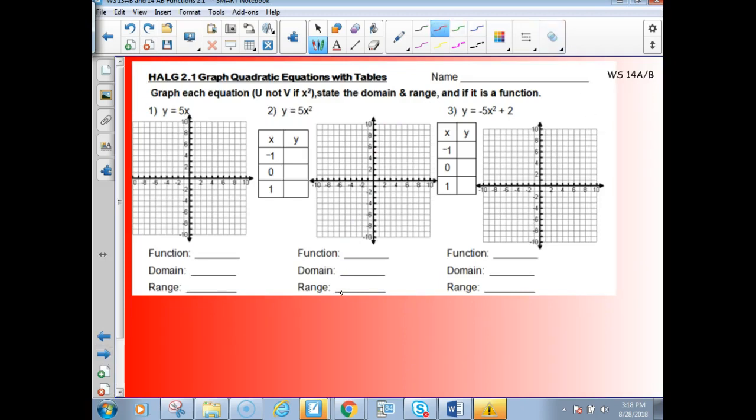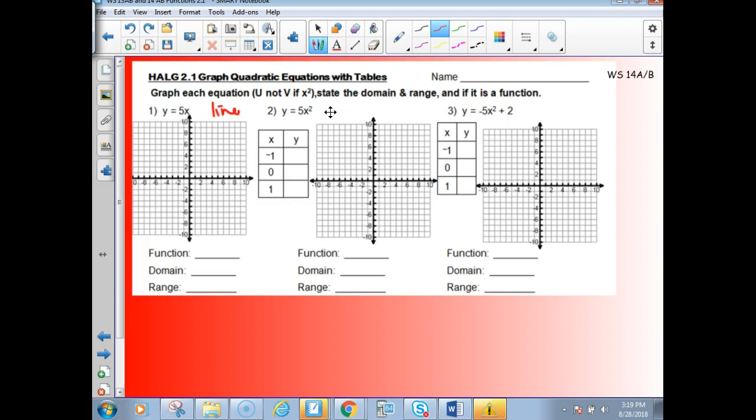Okay, let's try to determine whether the graph's linear or not. Do you think the first one on 14a is linear? Nothing's squared, nothing's cubed, no powers other than x. This is going to be a line.